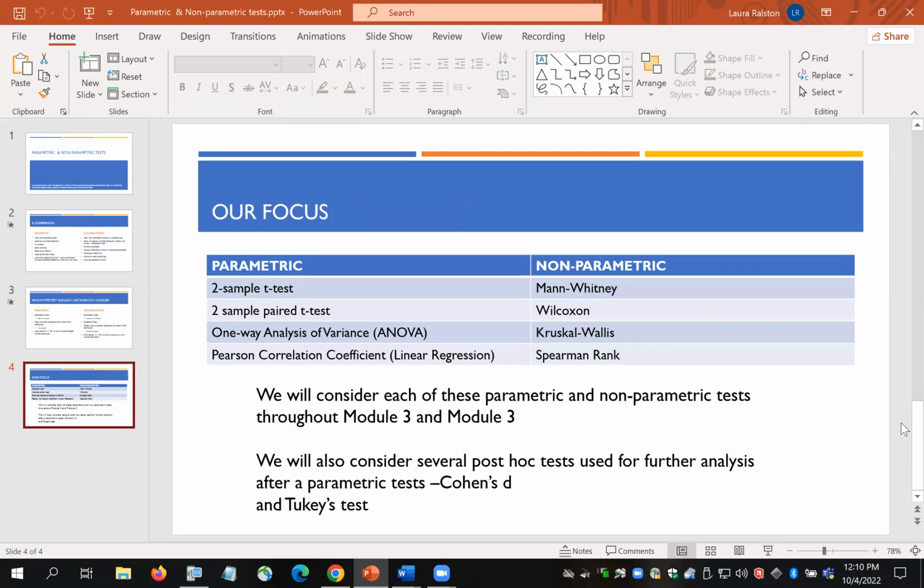The two that we're going to consider are called Cohen's d and Tukey's test. Tukey's is related to analysis of variance, and Cohen's d, I believe, is our t-test. It's a little bit something new that you haven't seen before, but we're going to be talking about some of those tests.